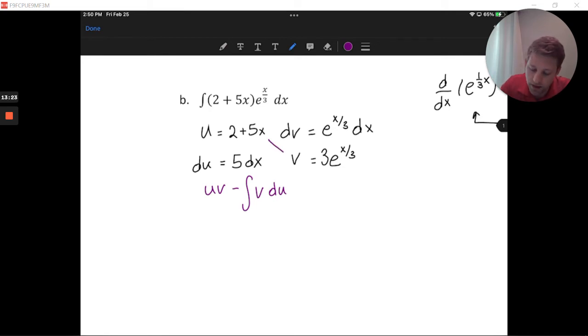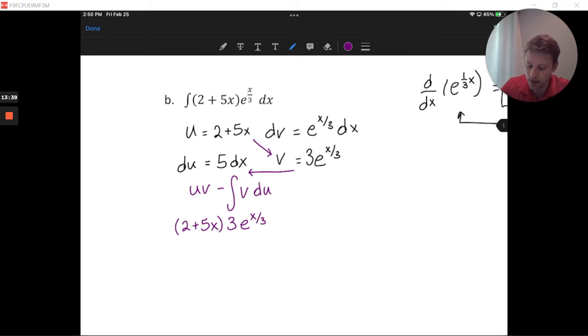So I'm going to use, again, the arrows to visualize our products here. First, the uv product. We've got u, and then the v. And then we're going to subtract the integral of v du, which is here 5 dx.